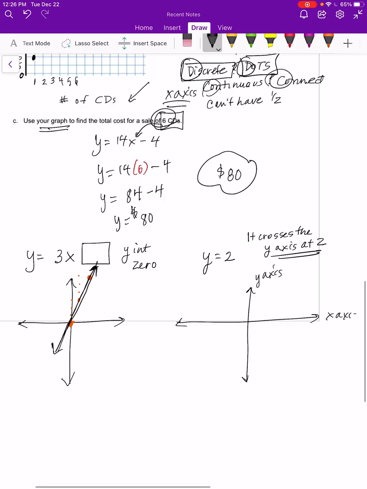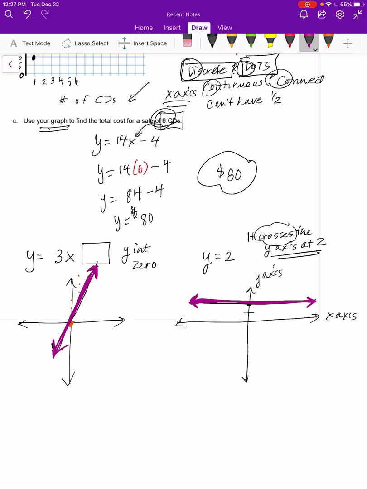The only way to cross the y-axis is to go through it at 2. So 1, 2, here's 2. The only way to go through it would mean my line has to be like this. Maybe I'll pick up a purple so you can see the difference between the axes. So this is my line.